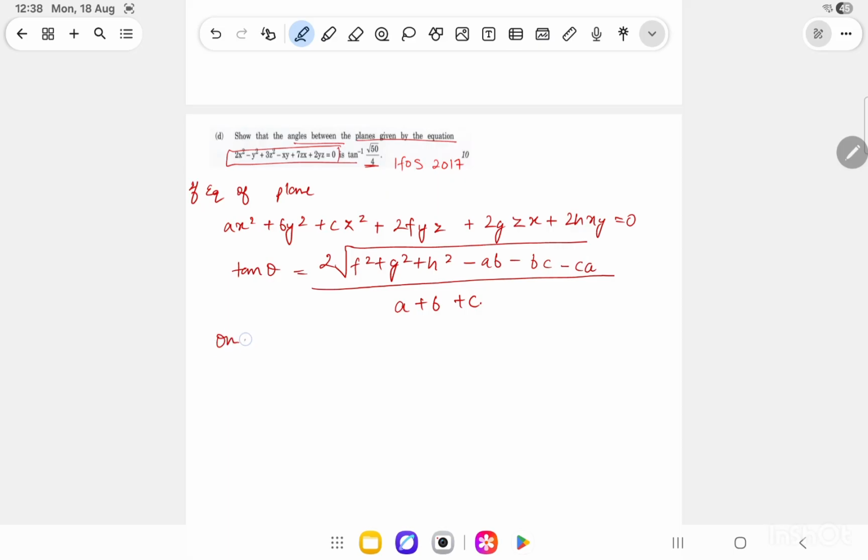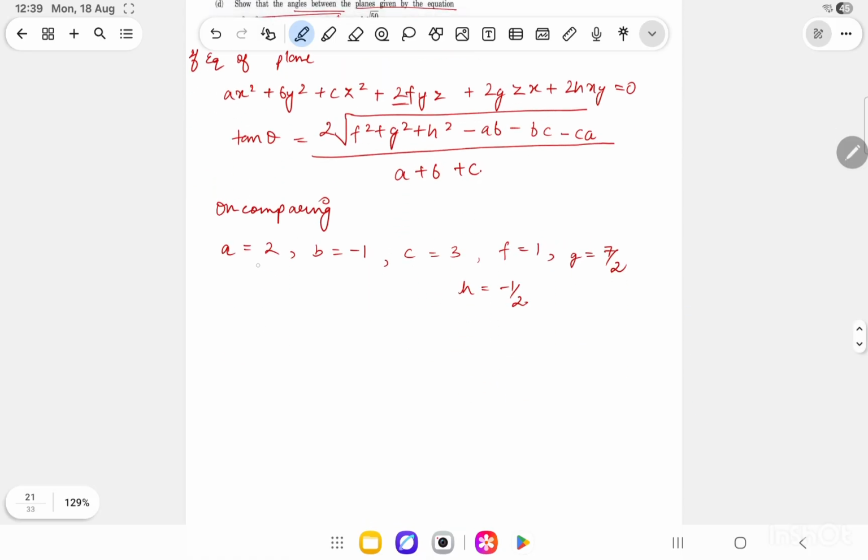So on comparing, I got my a equals to 2, b equals to minus 1, c equals to 3, 2f equals to 2, so f equals to 1, and 2g equals to 7, so g equals to 7 by 2, and 2h equals to minus 1, so h equals to minus 1 by 2. So let us just substitute these values of a, b, c and f, g, h in the given formula.